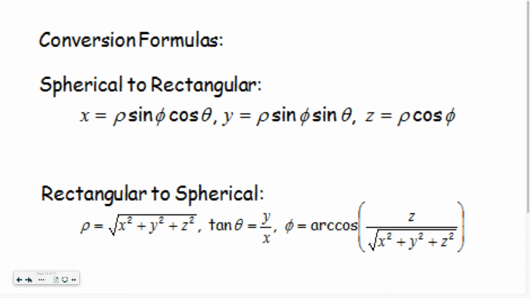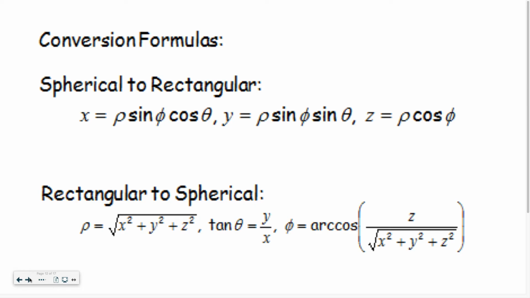So you see the rho cosine theta and the rho sine theta with the x and the y, but sine phi is also thrown in there to account for the rotation from the z-axis. And then z is rho cosine phi.